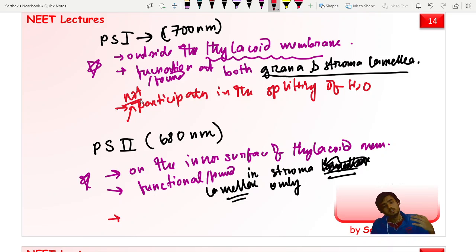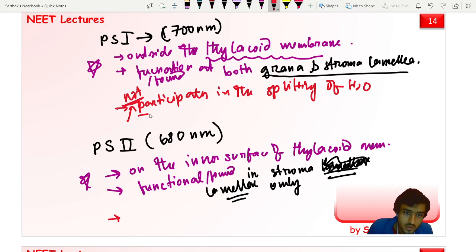I will be explaining the whole process, because in cyclic photosynthesis, this photosystem 1 is functional where H2O is not required. I will be explaining this in the next video.